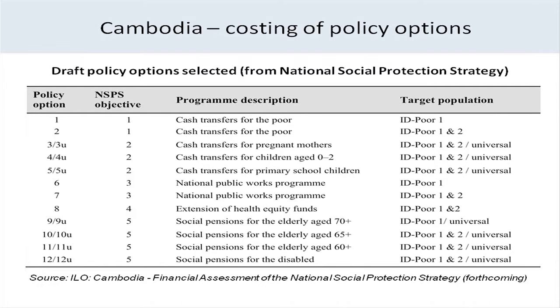So there is kind of a policy, let's say an overall strategy, available in Cambodia. And this was launched recently by the Prime Minister. And it has 5 different objectives, yeah? And so under each of the objectives we selected some scenarios for the costing.